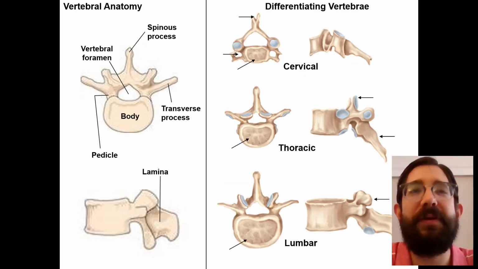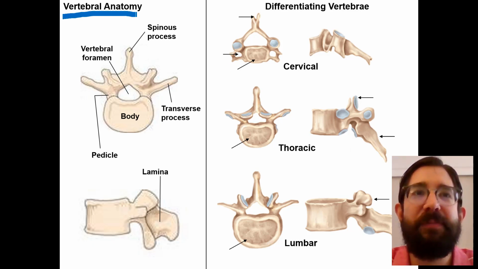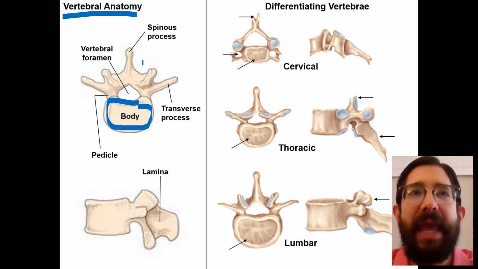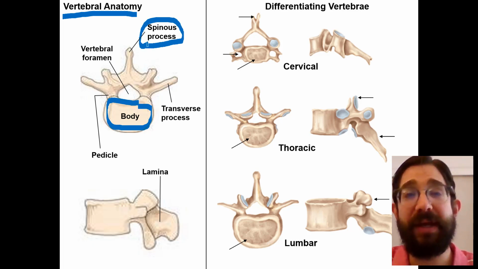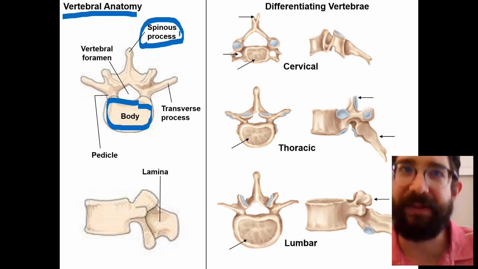Okay, let's look at some vertebrae a little more closely. So, some basic vertebral anatomy is that they have a big weight-bearing region called the body, and they have a very sharp, sticky-outy part that you can actually feel if you run your fingers down your spine. Those sharp little bumps are called spinous processes.